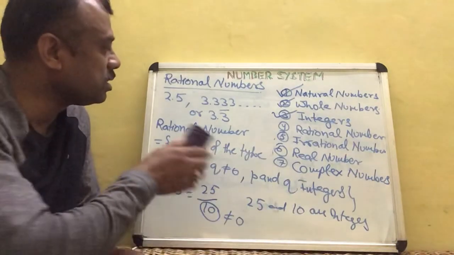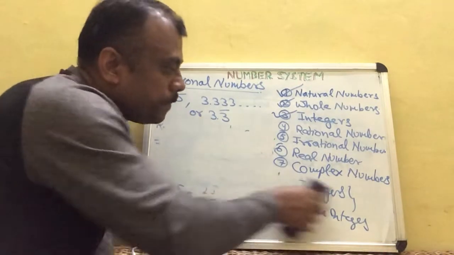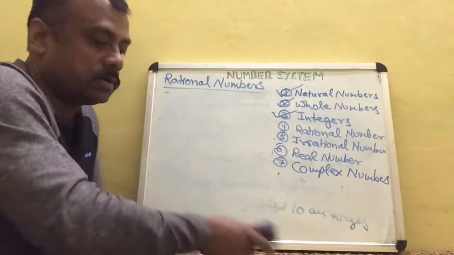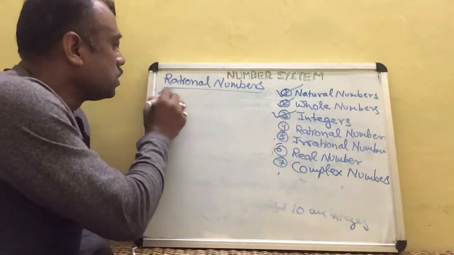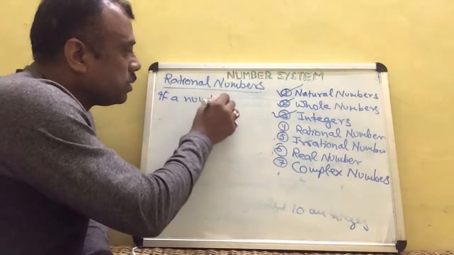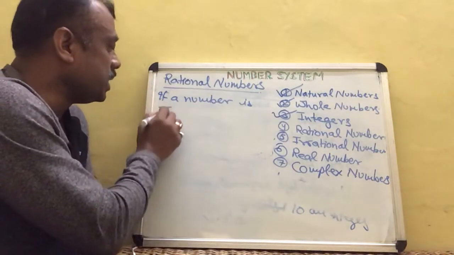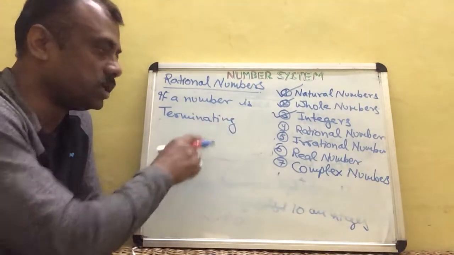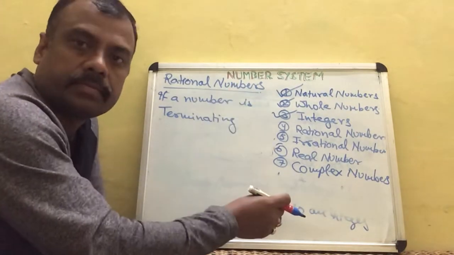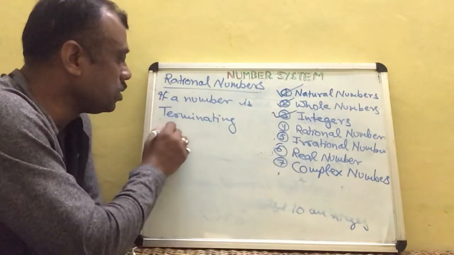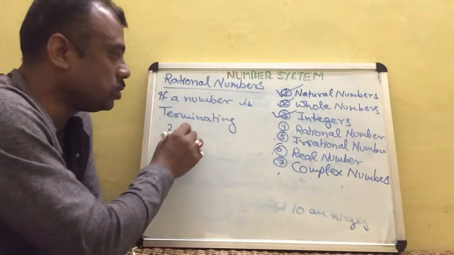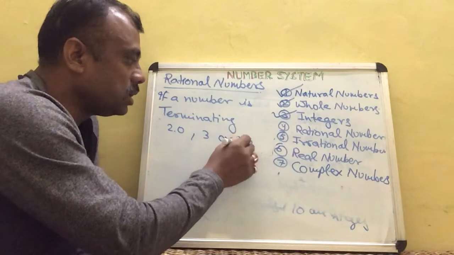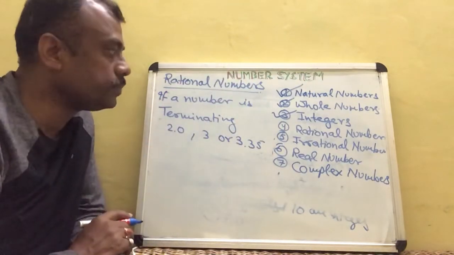Another definition for the rational number is, if a number is terminating. The meaning of terminating is that the number ends at some place. For example, 2.0 or 3 or 3.35, these are terminating numbers.